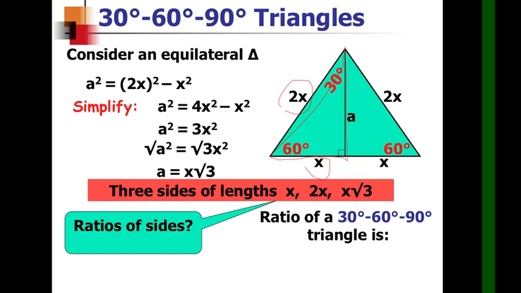So we have 1 for x. Then 2 times 1 is 2. And 1 times square root of 3 is the square root of 3. So we have 1 for 30 degrees. 60 is the square root of 3. And 90 is 2. Ito yung mga opposite nila. Measurement of their sides.